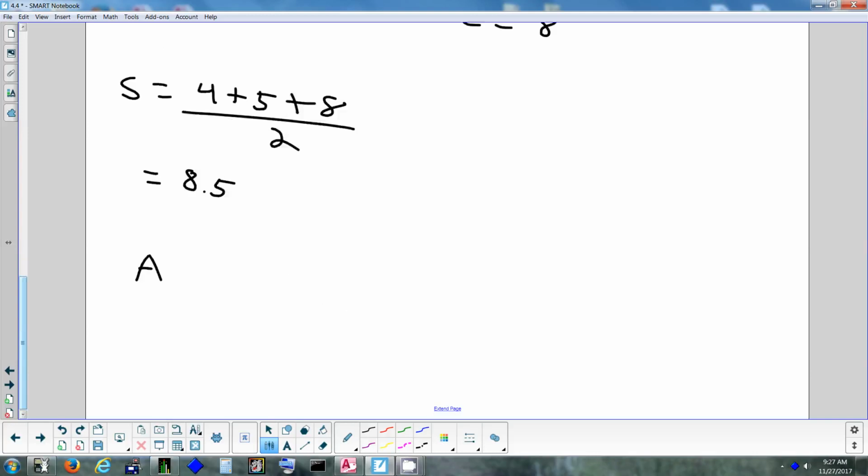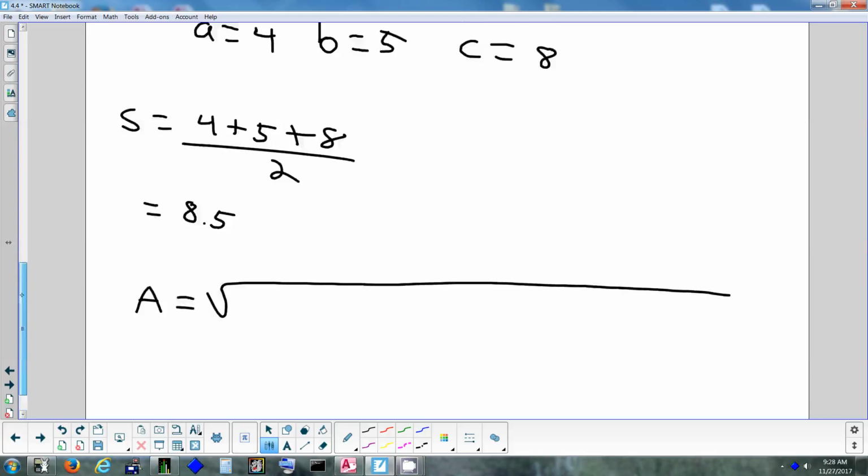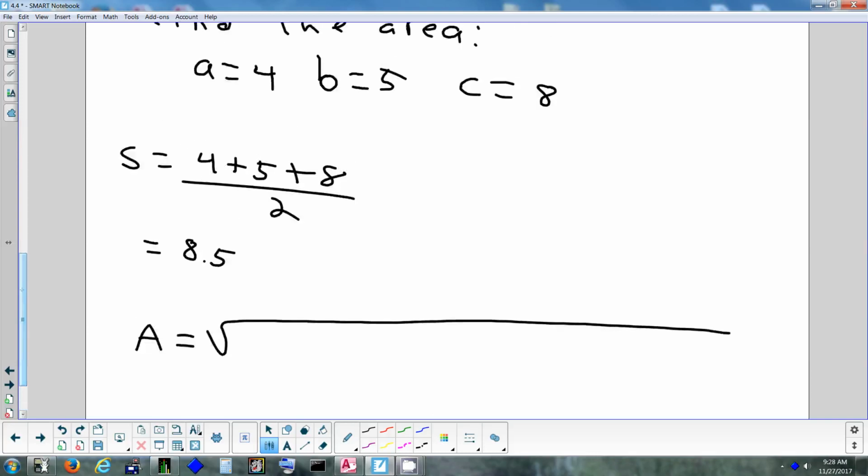All right, so let's find the area. Victoria, what's the first thing I start with in Heron's formula? What's the very first thing that's under the square root?